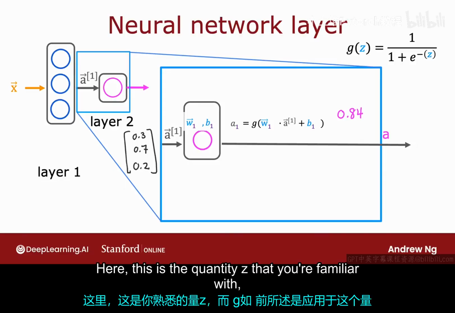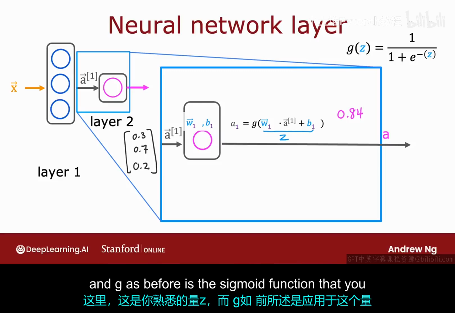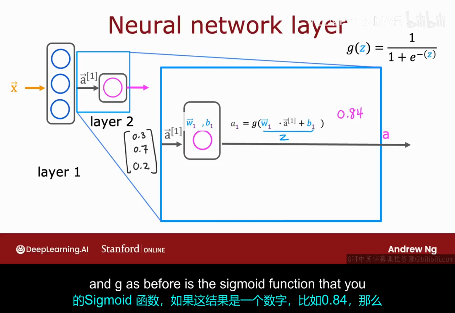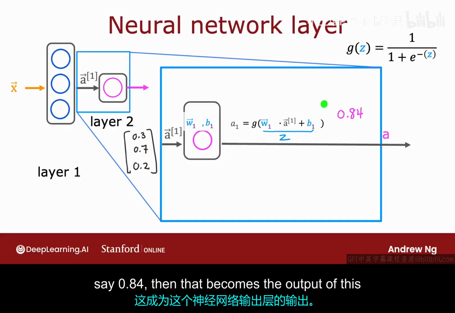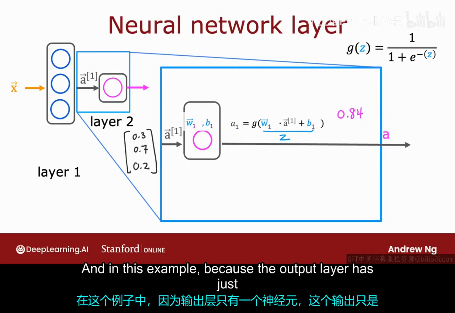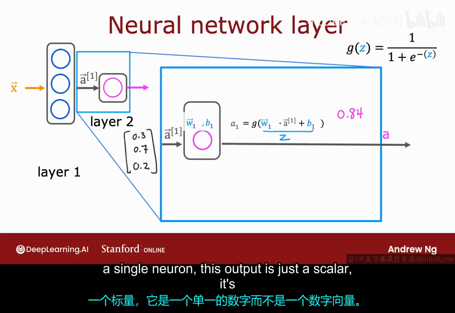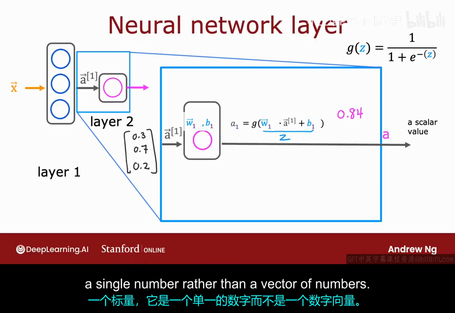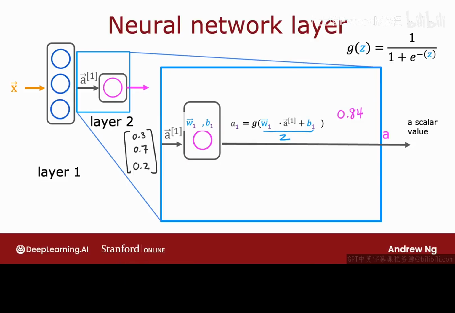Here, this is the quantity Z that you're familiar with, and G, as before, is the sigmoid function that you apply to this. And if this results in a number, say 0.84, then that becomes the output of this output layer of the neural network. And in this example, because the output layer has just a single neuron, its output is just a scalar, it's a single number rather than a vector of numbers.